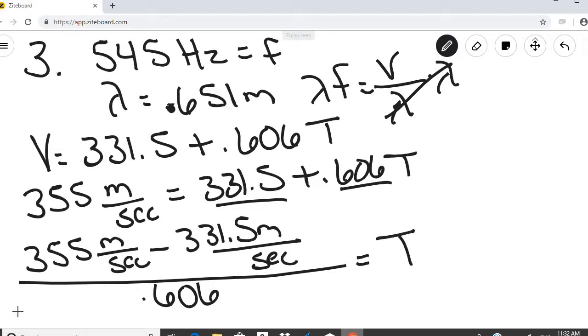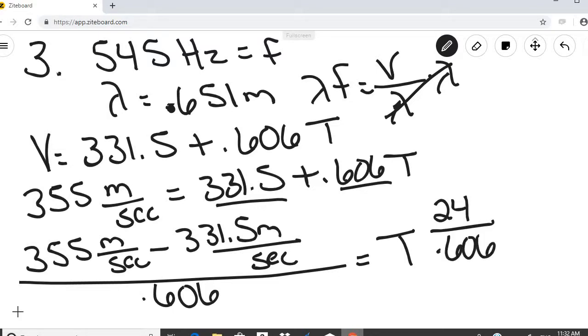Okay, so when we do this top part of the equation, since 355 is just out to the whole number place, we can only go out to the whole place.